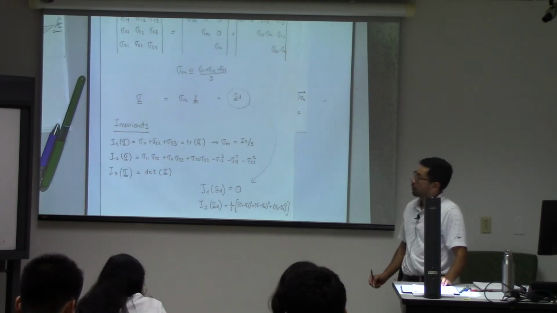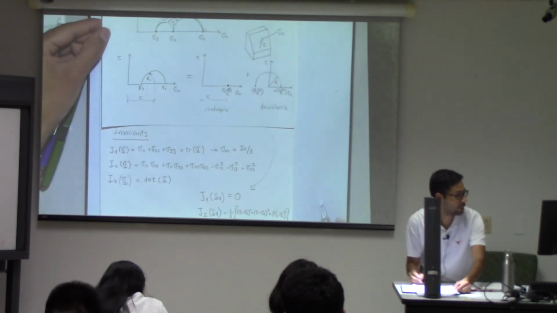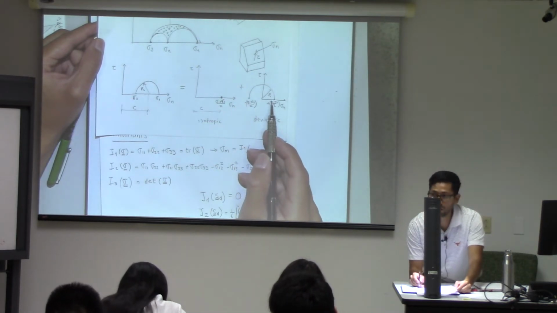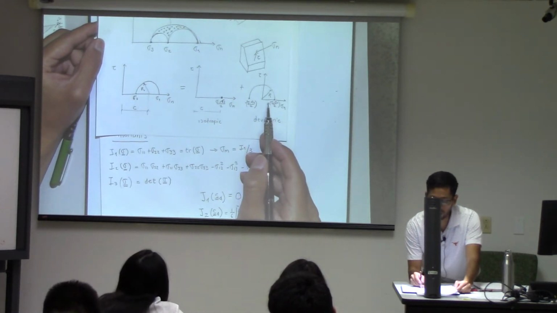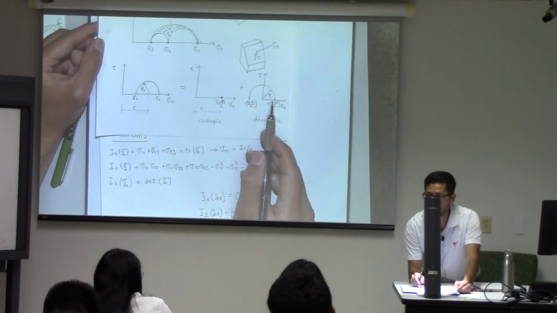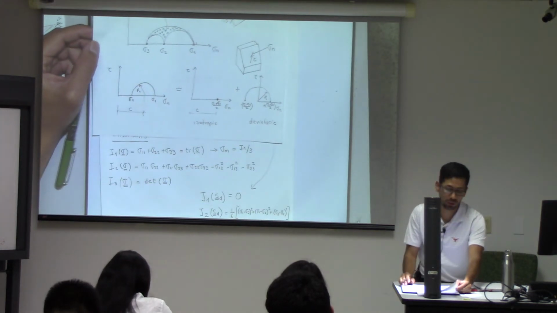Here we have the deviatoric Mohr circle, right? How far apart sigma 1 and sigma 2 are is quantified by the radius of the circle in the simple 2D case.